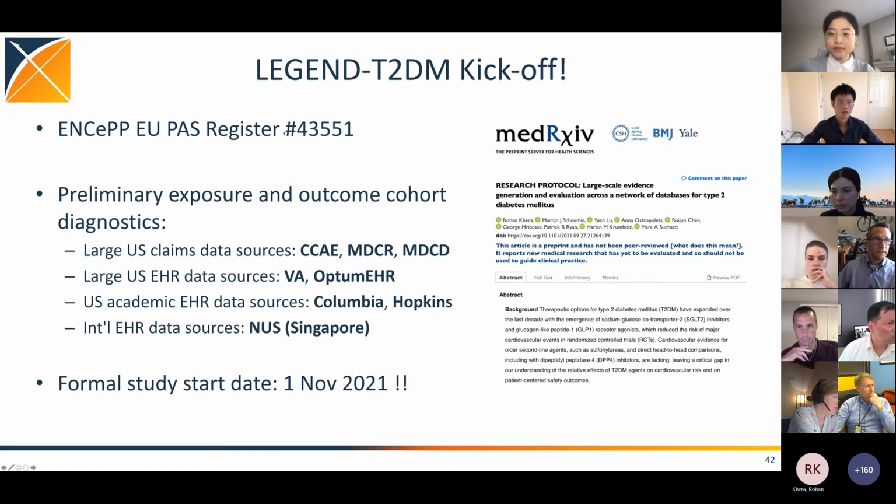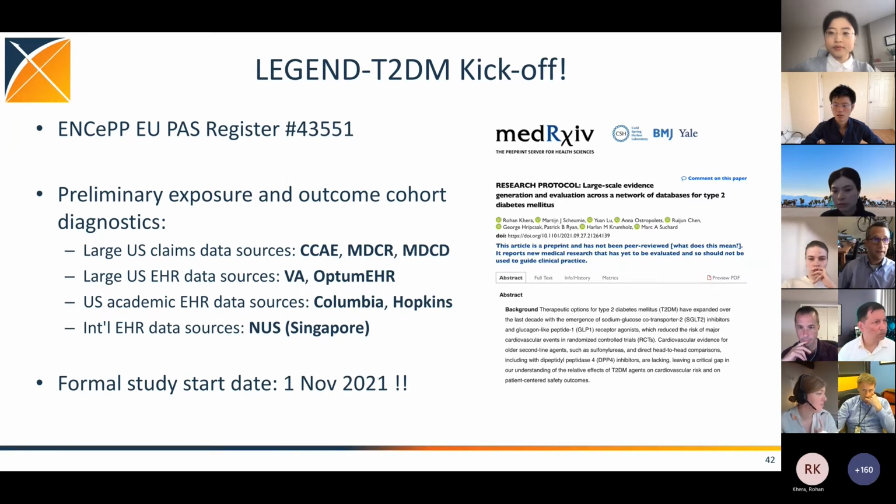So that supports the OHDSI ideas of open science, in that we will pre-specify and publish ahead of time exactly what types of analyses we're interested in doing at scale.